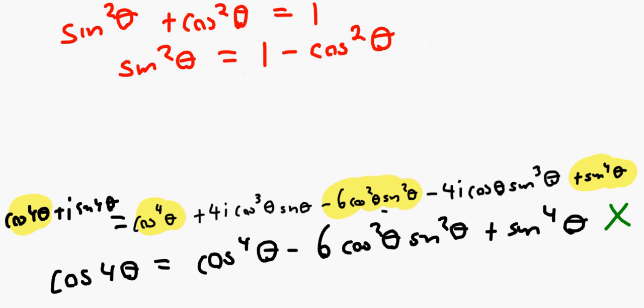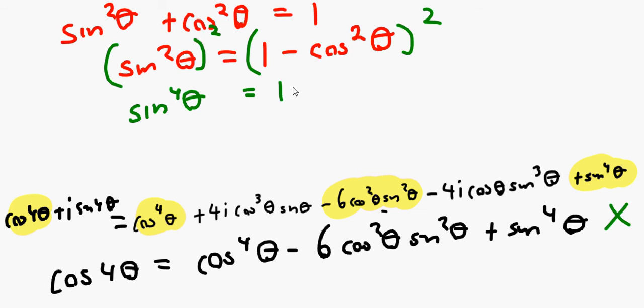I'm going to square sine theta. What happens if I square this by itself and this by itself? What happens then? Sine 4 theta. Everybody got that? And then what's on this side? 1 minus cos squared theta plus. Everybody cool with that? Right.